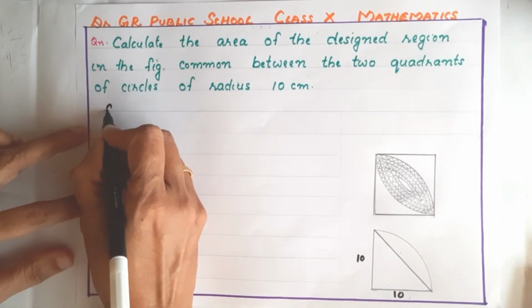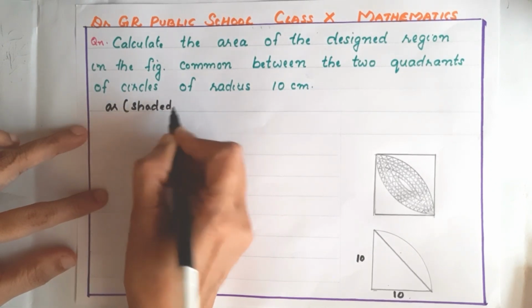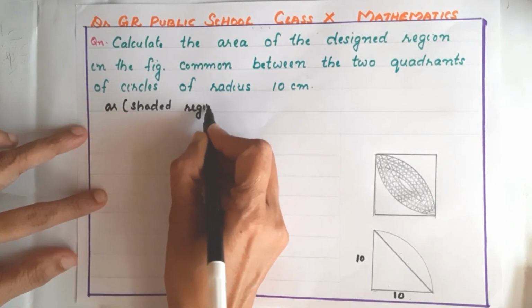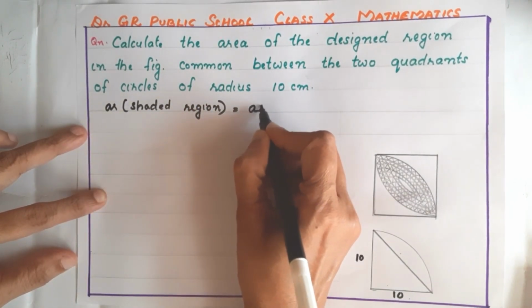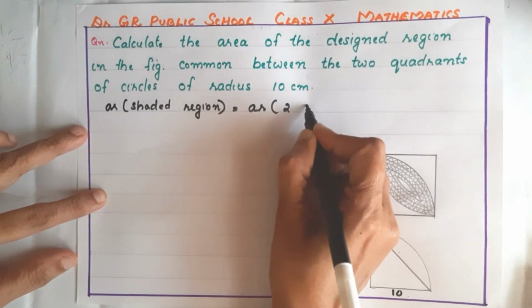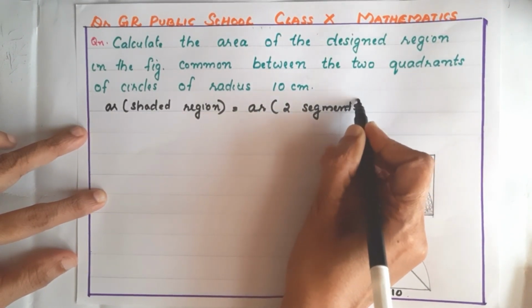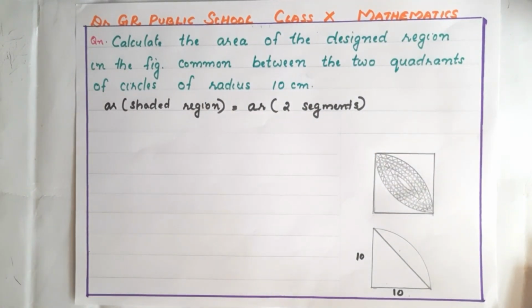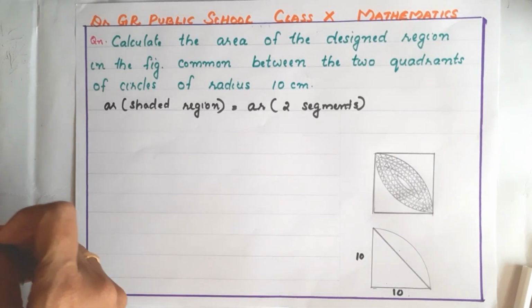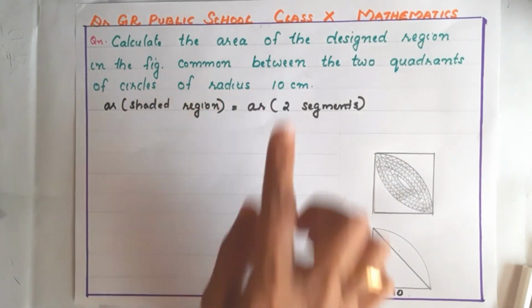Area of shaded region equal to area of two segments. Do we want to find the area of the two segments separately? No, because it is given two quadrants of circles of radius 10 centimeter.